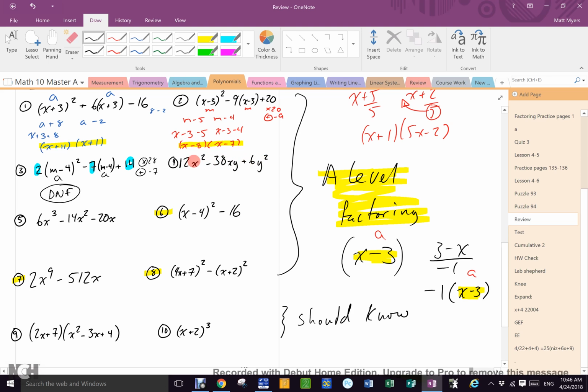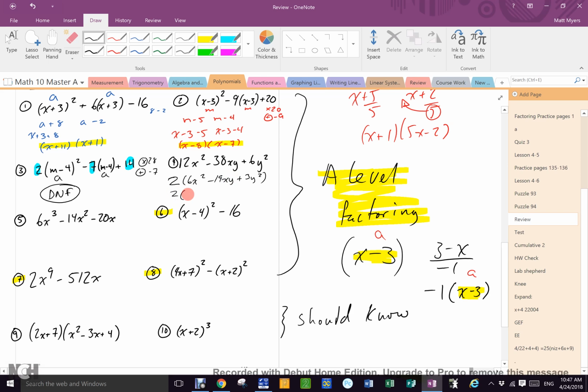This one was a GCF. You took out 2. No, 6 doesn't work with 38. Oh, that's 38. You took out a 2, and you had 6x squared minus 19xy plus 3y squared, which meant you needed to multiply to 18 and add to 19, which is negative 1 and negative 18.